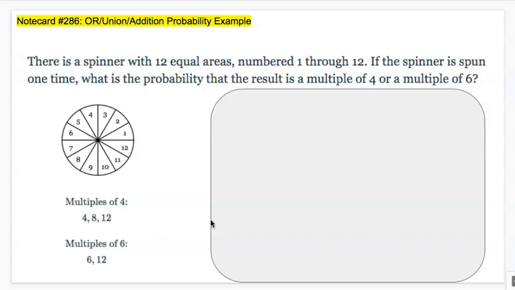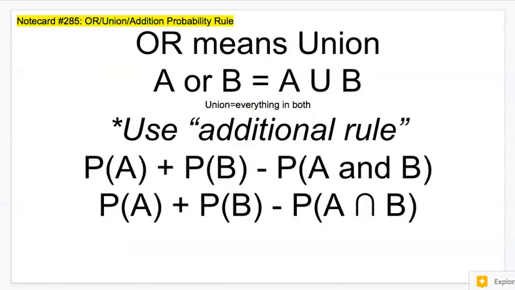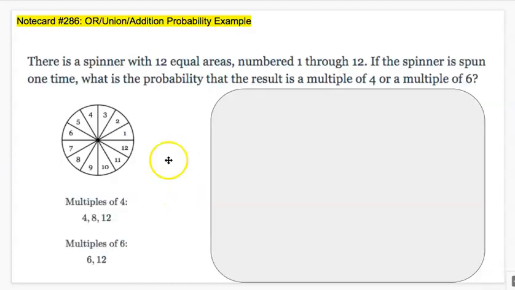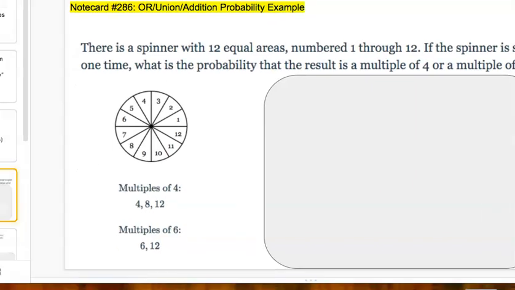So what we would do using this formula is we would do the probability that it's a multiple of 4 plus the probability that it's a multiple of 6 minus the probability that it's a multiple of 4 and 6, okay? Now, on this particular one, you could use your common sense, but I do want to show you how to use that.